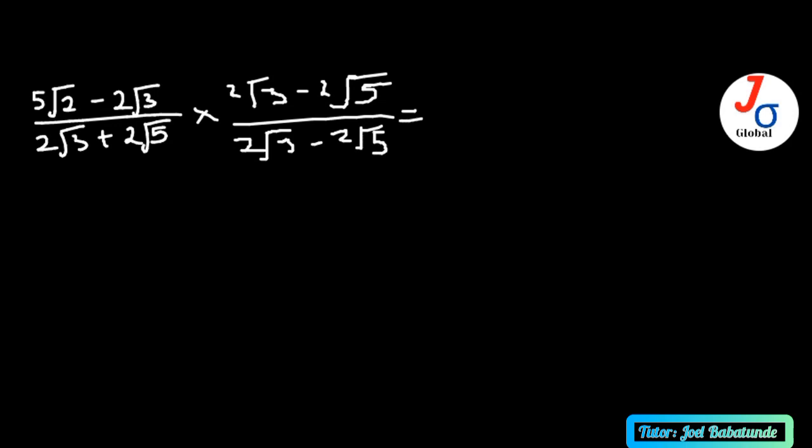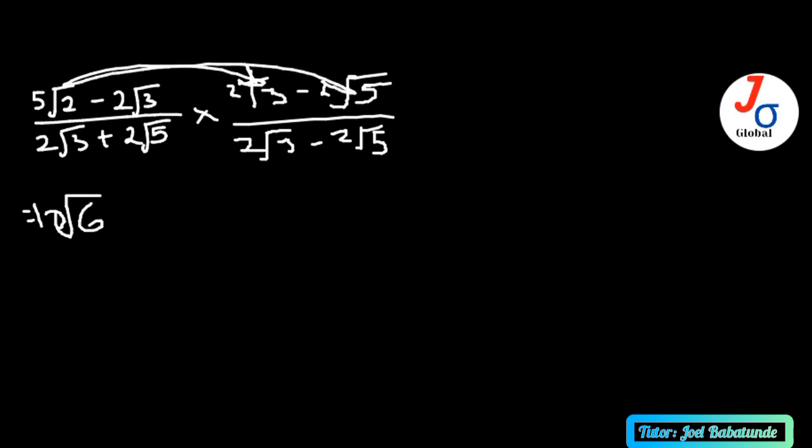Okay, so what do we have? So 5 times 2, yeah, I'm doing this. 5 times 2 is 10. Root 2 times root 3 is root 6. Okay, good. Doing that together.